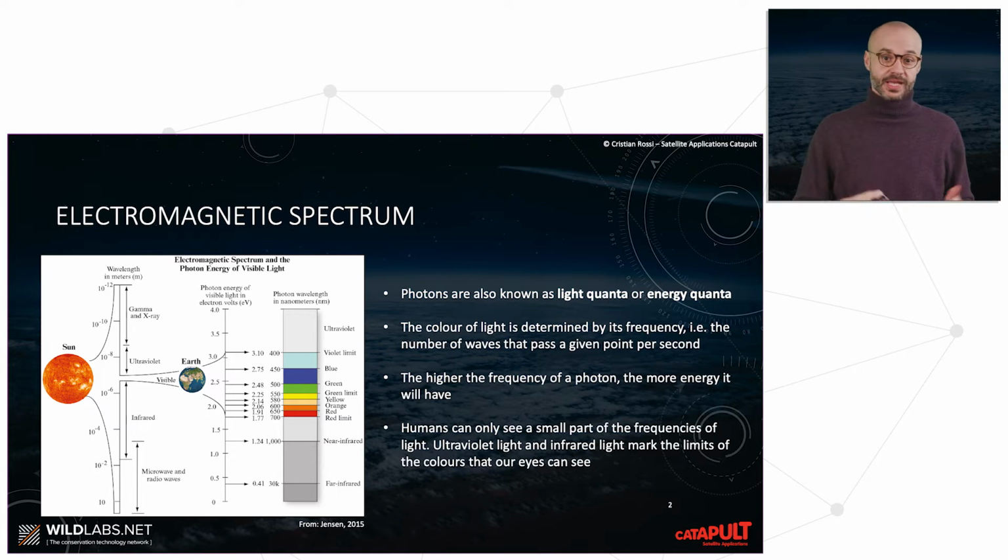For example, in the infrared portion of the spectrum, we will have some applications that are driven and triggered only in that part of the spectrum. This is the most important concept of remote sensing, the electromagnetic spectrum. It is important to understand that different parts of the spectrum relate to different wavelengths of photons.